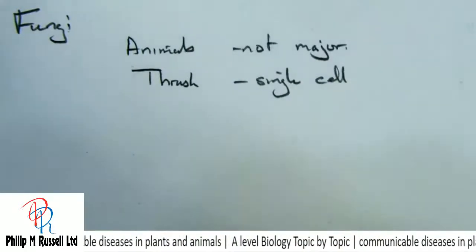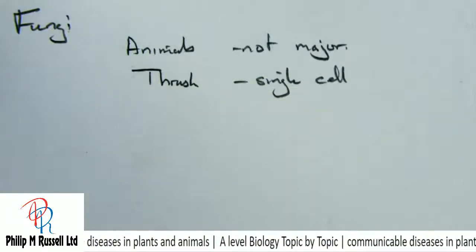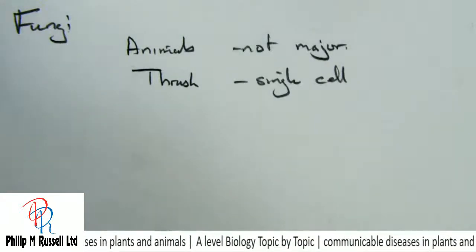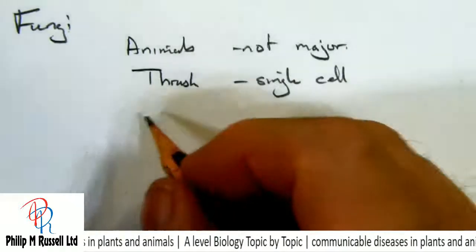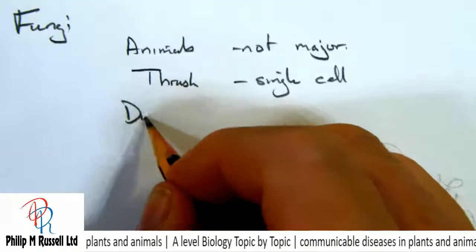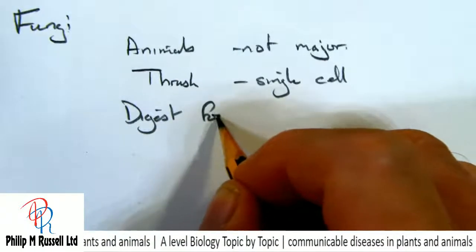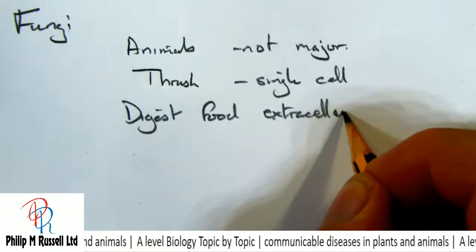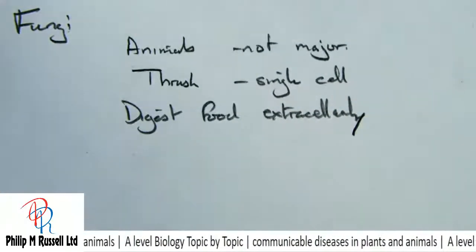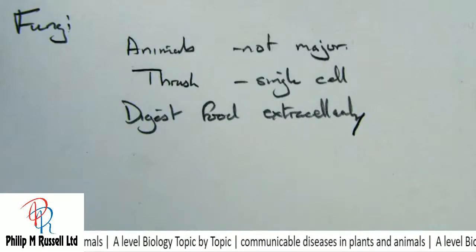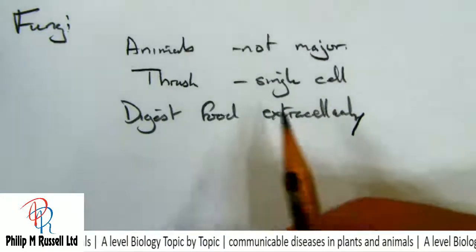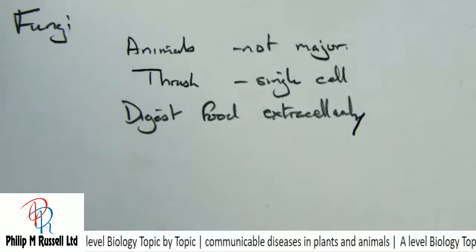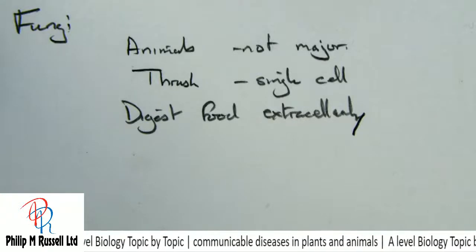But fungi are basically a sort of plant that can't photosynthesize, so they digest their food extracellularly. And before absorbing the food, they have to release chemicals that are going to destroy you.